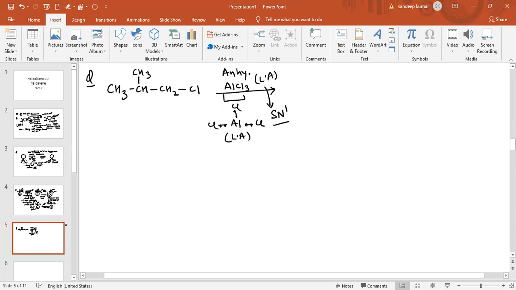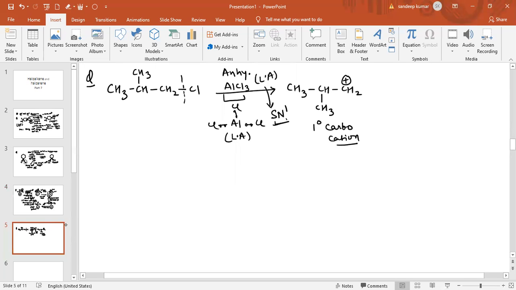So in the first step there is formation of carbocation, but the carbocation formed is basically a 1 degree carbocation.